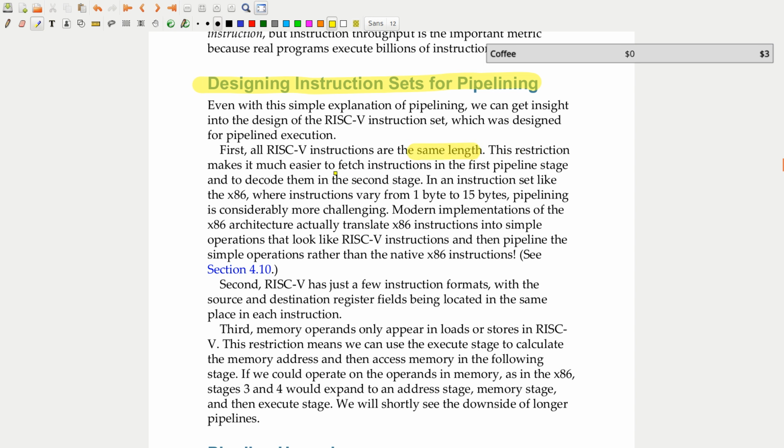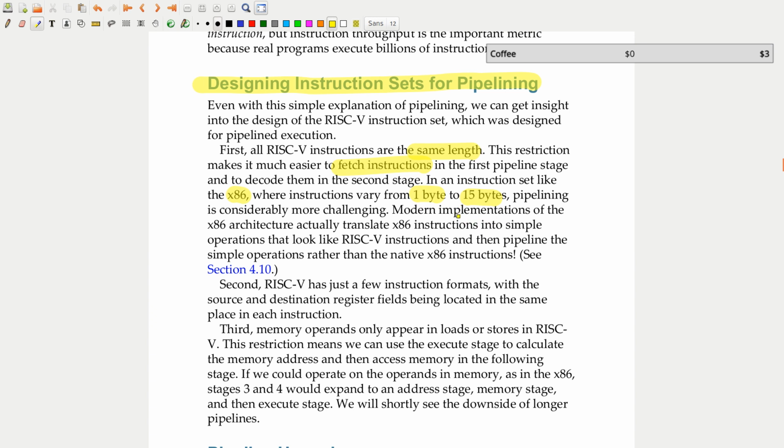This restriction makes it easier to fetch instructions because we're fetching and decoding the same length instructions. So something like x86, which I like to rag on, but it deserves it in some sense, where the instructions vary from 1 byte to 15 bytes, pipelining is considerably more challenging because you have variable length instructions.